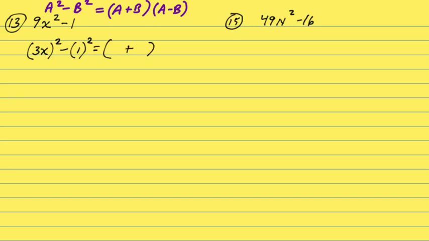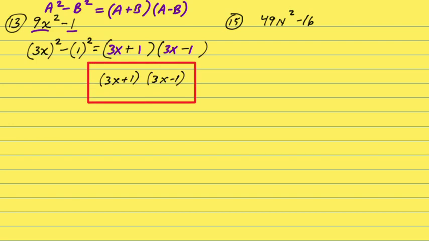So let's fill in what's a and what's b. A in this case is 3x, namely the square root of that first part. Plus and minus b, b happens to be 1. So this would factor to 3x plus 1 times 3x minus 1. The difference of squares.